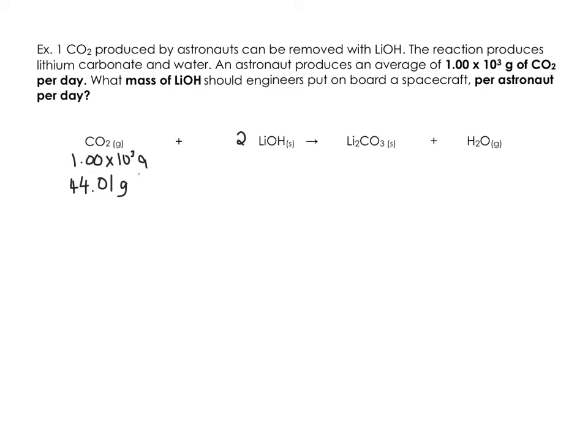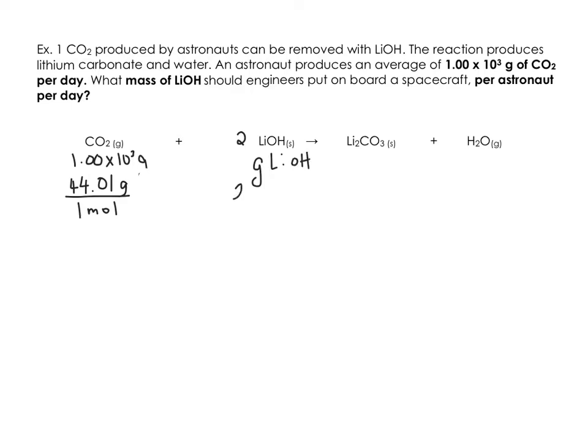You can always find molar mass. So even if they don't give you this ratio, you've got to remember that it's yours. It's in your back pocket. This is something that you can find out if you know the name or the formula. We want to find the mass of lithium hydroxide, so we want grams of LiOH.